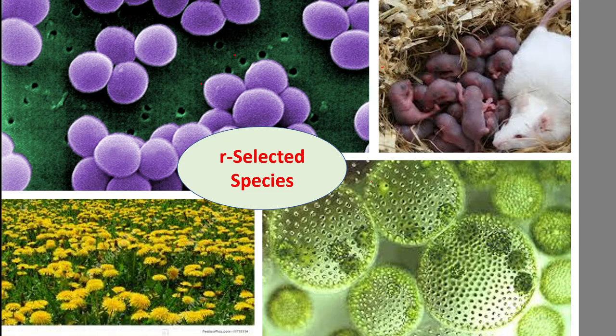So R strategists live in unstable environments where the slightest disturbance can wipe out the entire population. So to overcome this, what do they do?